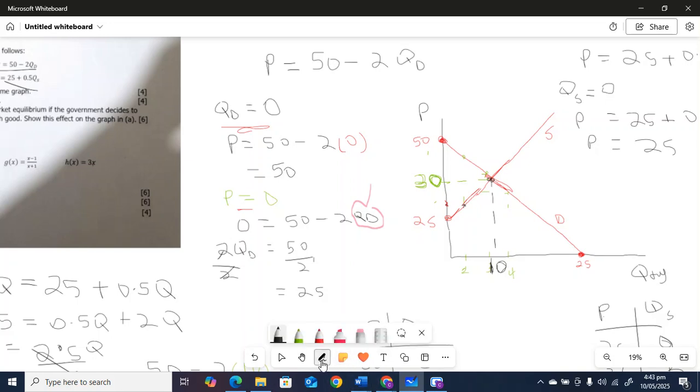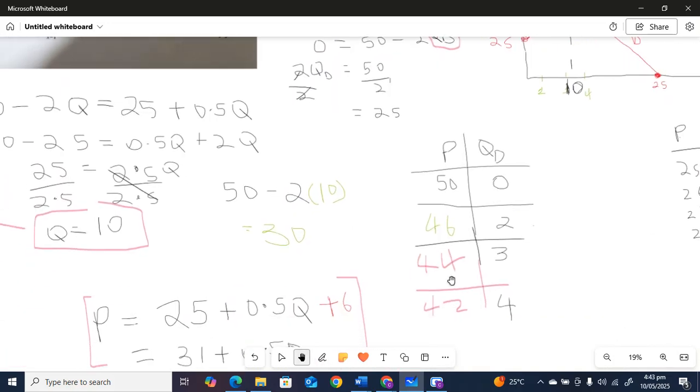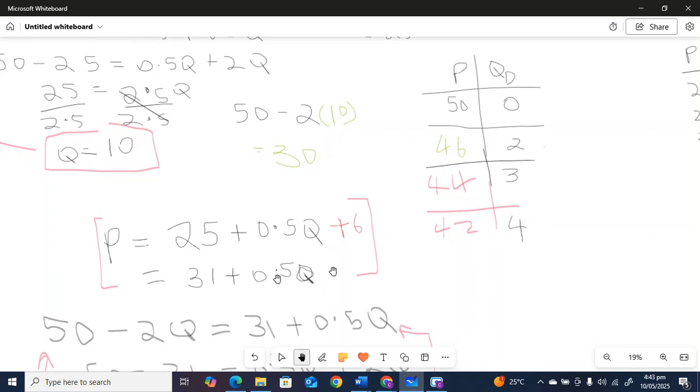To see where your new supply function is starting from, you're going to take this new supply function, P equals 31 plus 0.5Q, and equate QS to 0. When QS equals 0, 0 times 0.5 is 0, plus 31, that is 31.